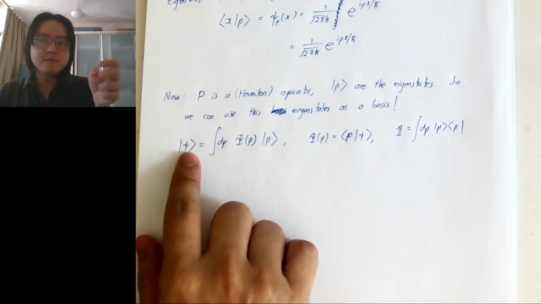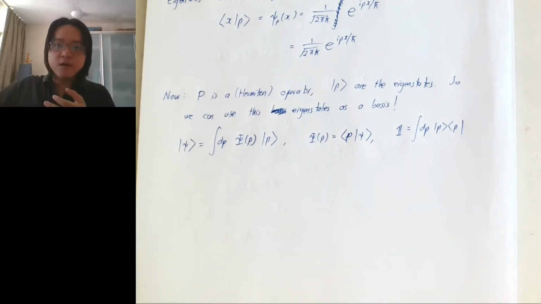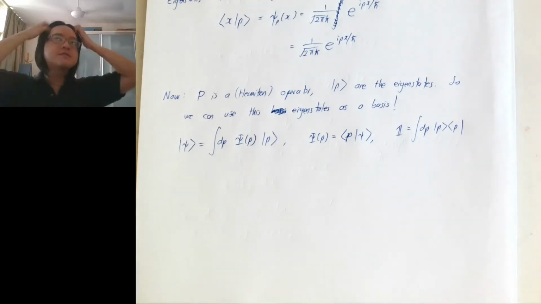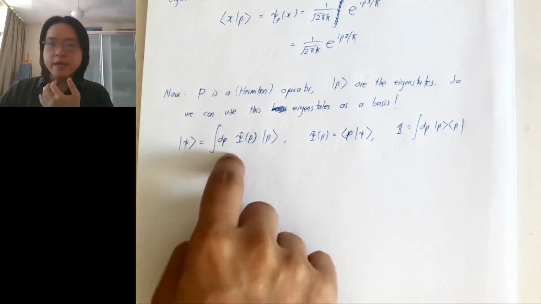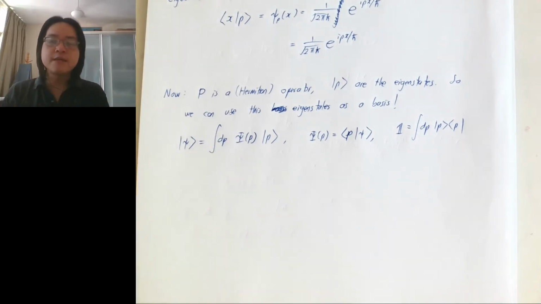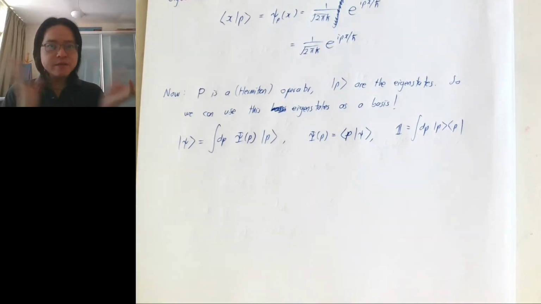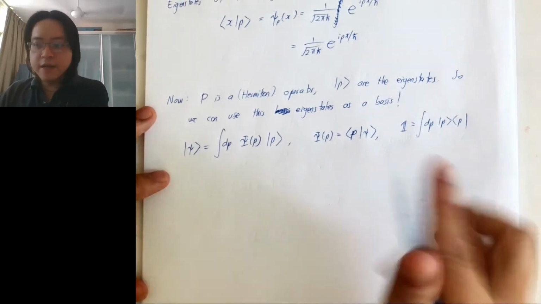If you're using x, you're focusing on observing the position. If you're using p, you're focusing on observing the momentum. These are two functions, but they come from the same state, so they must be related to each other somehow.